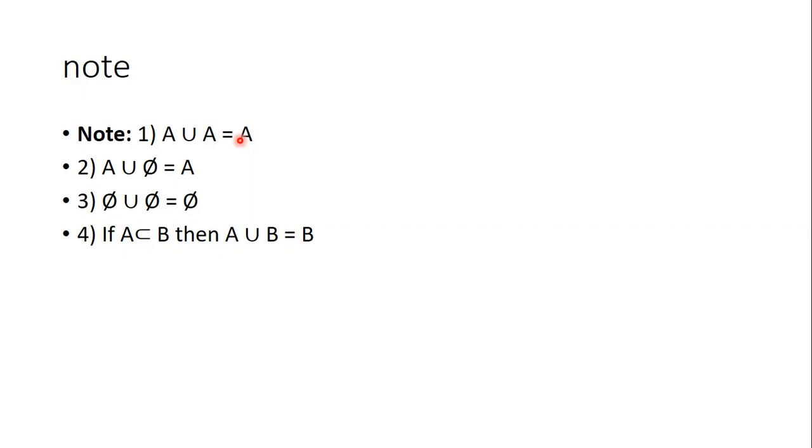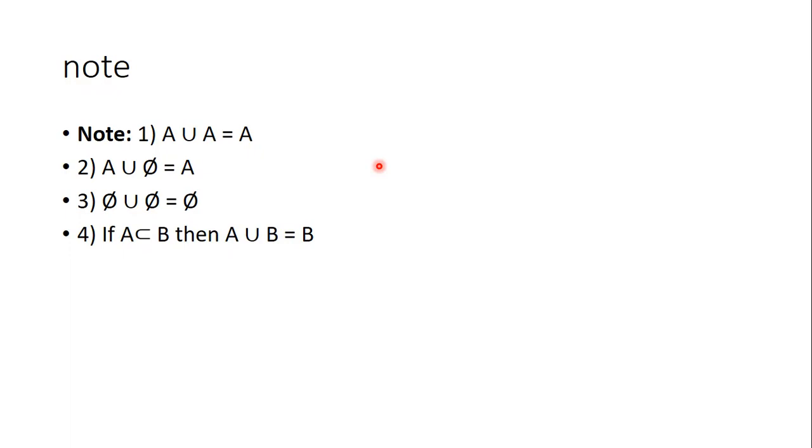So A union A is set A. And when you add any set with the null set, you will end up having the same set itself. It's not multiplication, it is union. And then union of two null sets is a null set again. And the last one, if A is a subset of B, then A union B is the B set itself.